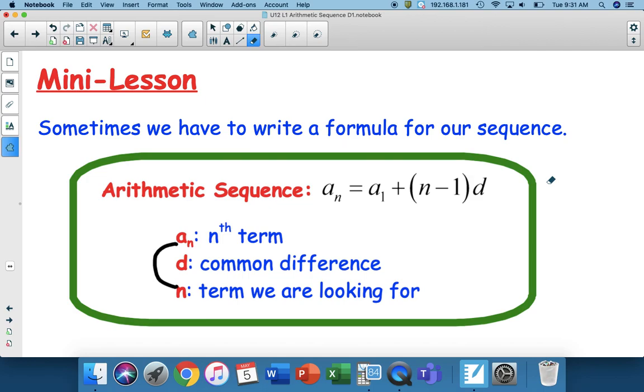AN and N are going to be connected, because in order to know what term we're looking for, that's going to be our nth term. So if we're looking for 15, that's our 15th term. 15 is going to be where N is. I'll show you a good example of that in a second. So make sure you take a second right now and copy this down, please.